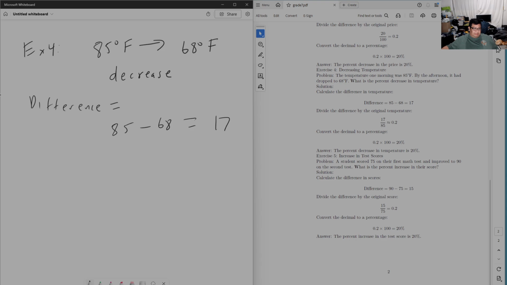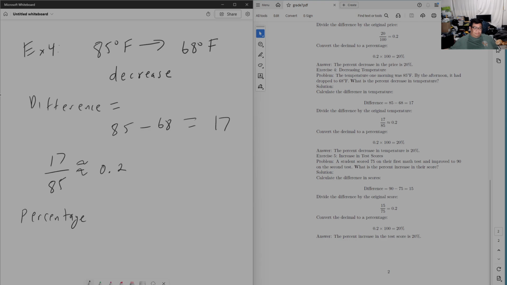Now we divide 17 by the original temperature, which is 85. If you do that on the calculator, that's going to be approximately 0.2.